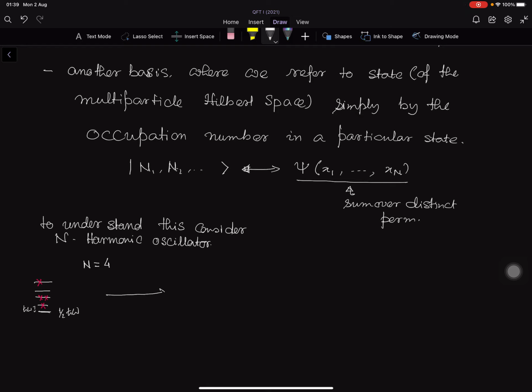In the occupation number basis, we can denote this state as 0 particles in the ground state, then 1 particle in the first state, 2 particles in the second state, 0 in the third state, 1 in the fourth state, and so on. This is the representation in the occupation number basis.